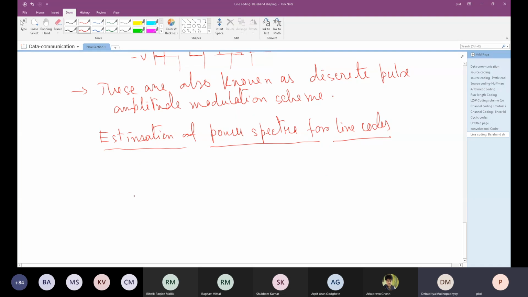There would be some occurrence of the symbol, and that will give rise to a spectral modulation. And of course, we have the spectra of the basic pulse, which is of course standard. There will be a sinc waveform that I was showing for the basic pulse.